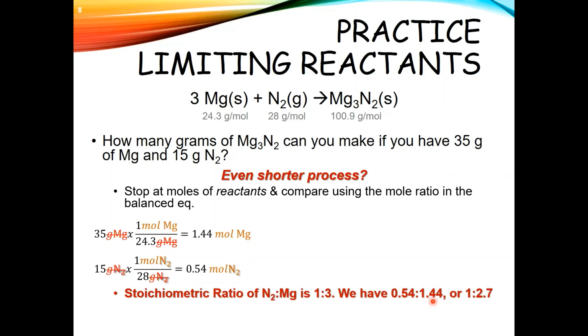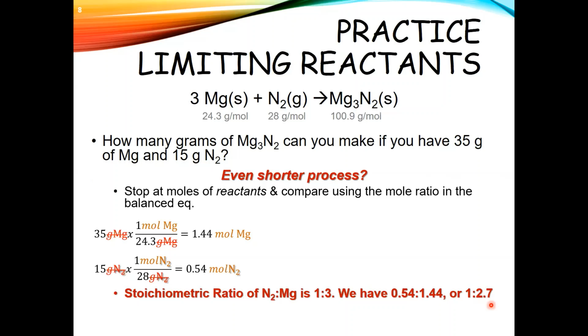And then 1.44 divided by 0.54 is going to be equal to 2.7. Now this is our ratio that we can compare easily to our 1 to 3 ratio. Now we see that magnesium, our actual magnesium, is slightly less than our 3 here. And so since it's slightly less, we're going to know that magnesium is our limiting reagent.